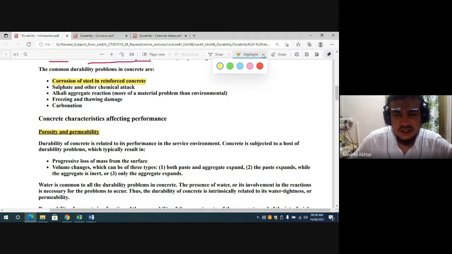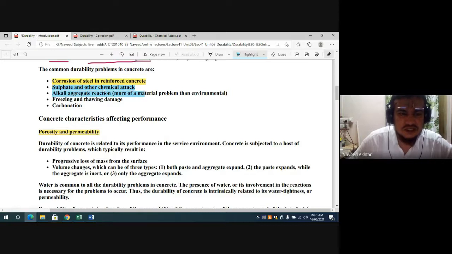So it may be harmful: after carbonation happens, the corrosion of steel takes place, and then it may deteriorate, and the contact between the concrete and steel may be weakened, and that will affect our structural element.